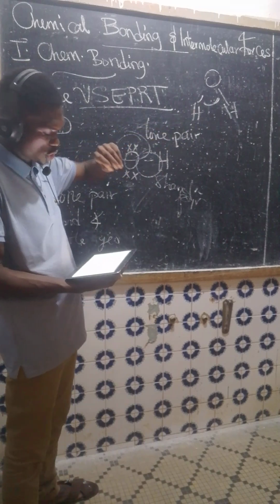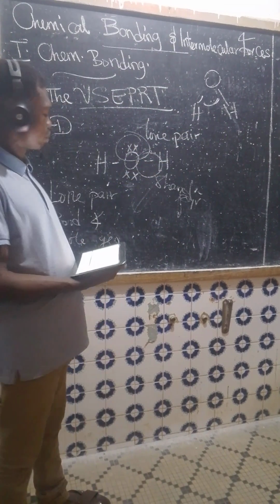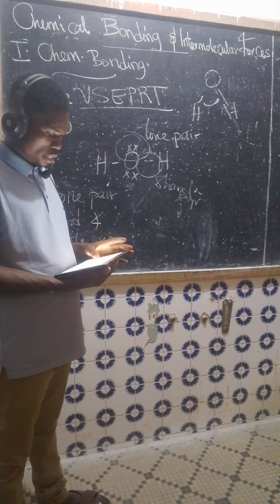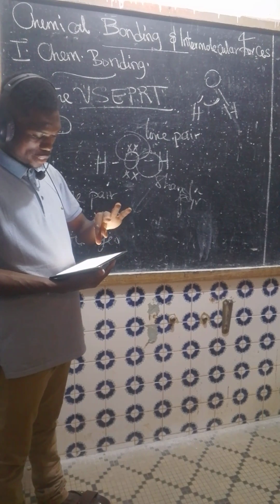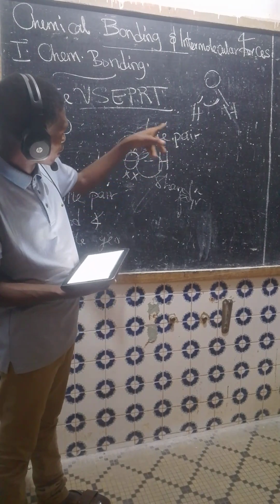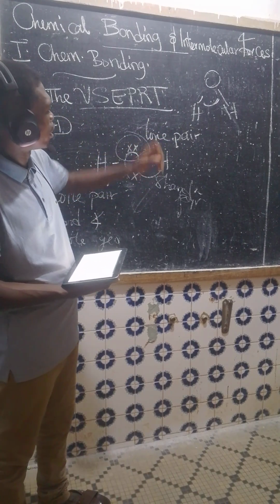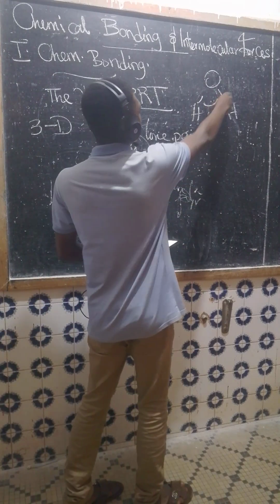The angle between the bonded atoms. The angle formed by the bonded atoms is known as the bond angle. Why is it that we cannot consider the other angle?